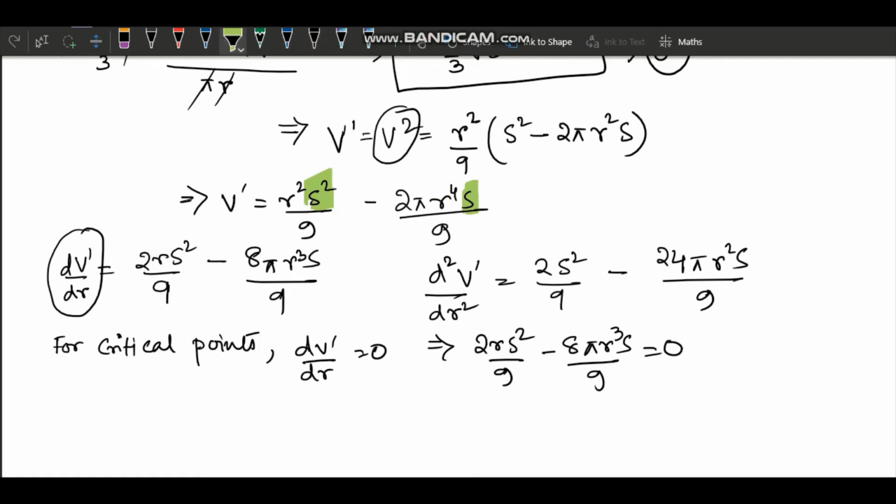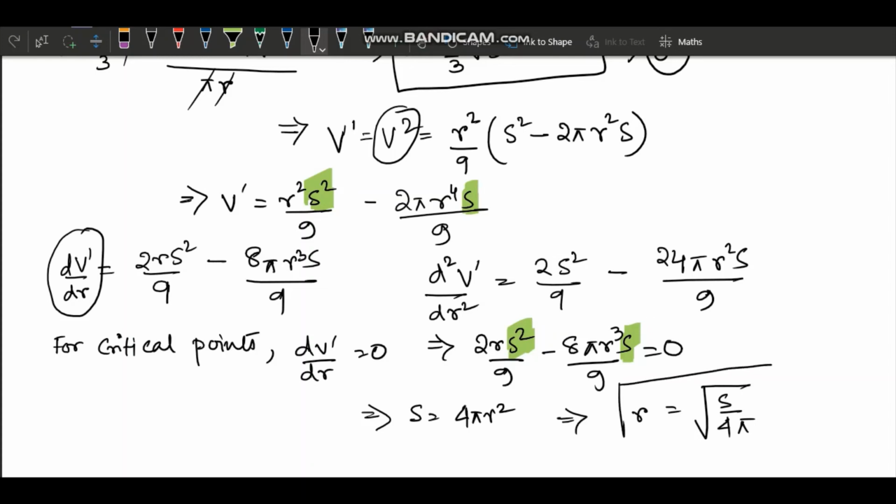Since s is given to us, s is fixed, we can find out r entirely in terms of s. So a little bit of simplification will give us s equal to 4 pi r square. So from here we can write r equal to root over of s by 4 pi.